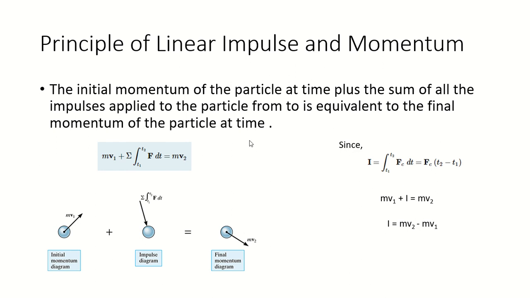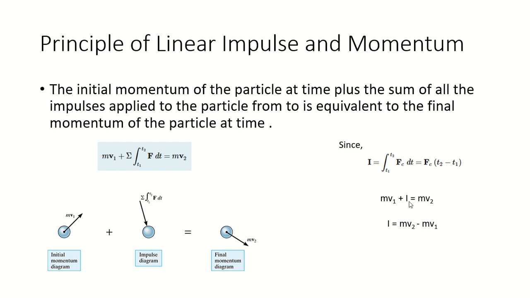I put this equation in here, so I translate the whole thing as I for impulse. So I have my mv1 here and mv2 there. I can write it in a non-calculus conceptual expression like this, easier for you.